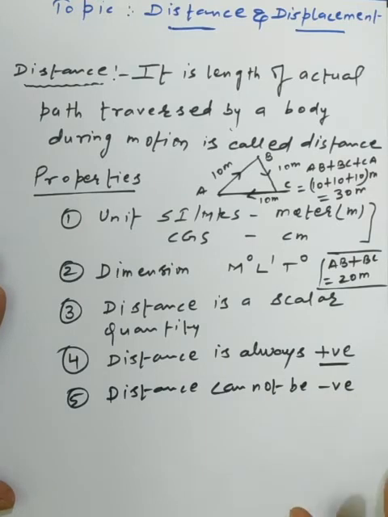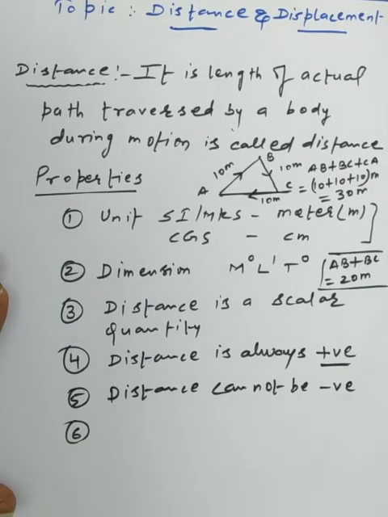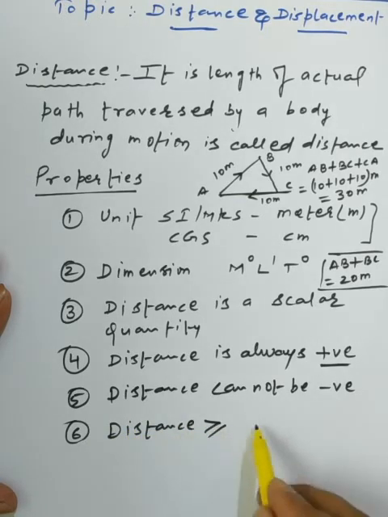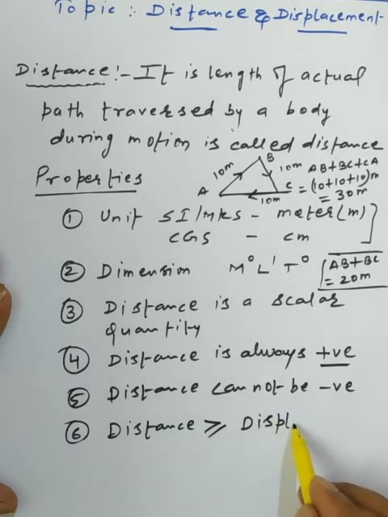We always deal with this quantity in a positive manner. One more point I am taking ahead: distance is always greater than or equal to the displacement. We haven't discussed displacement yet, but there is a picture you already have inside your mind.